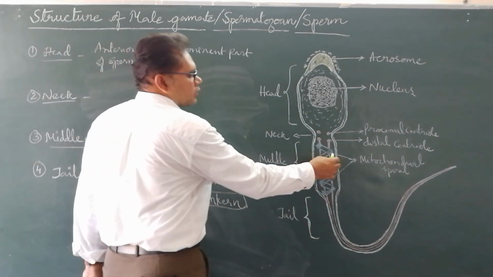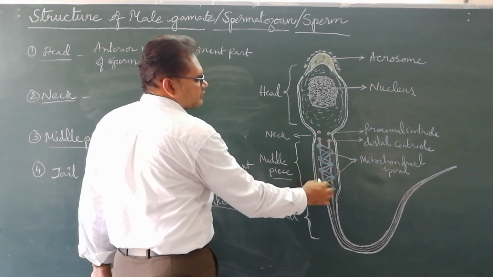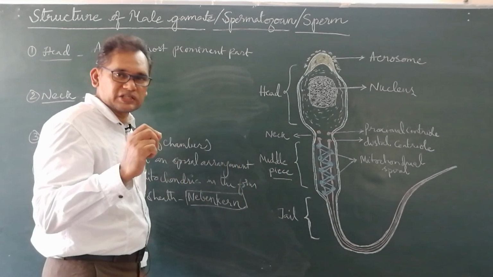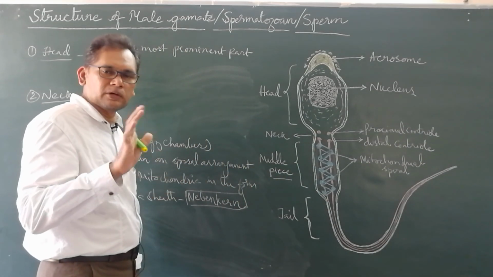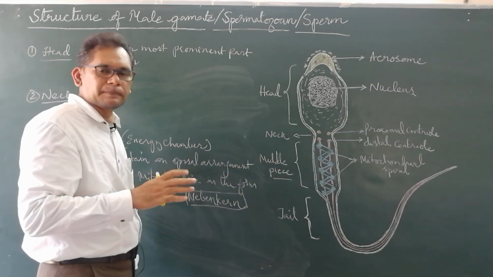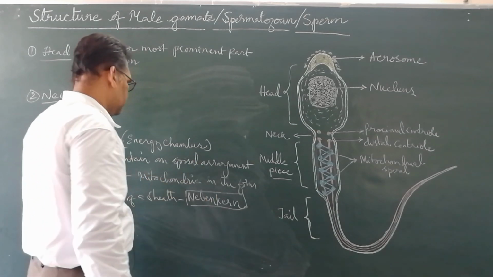And if you observe the cytoplasm here, the very small amount of cytoplasm present in the middle piece is called the manchette.